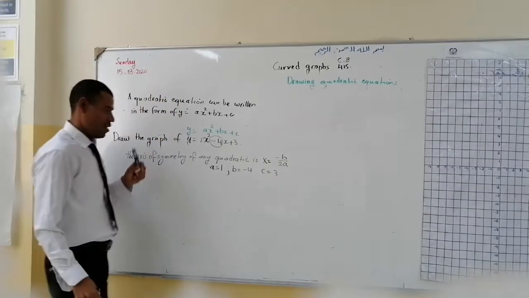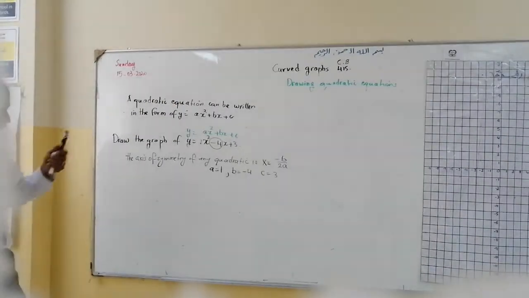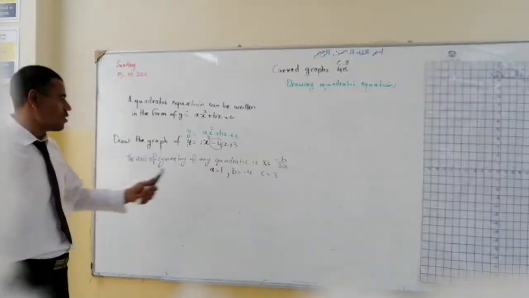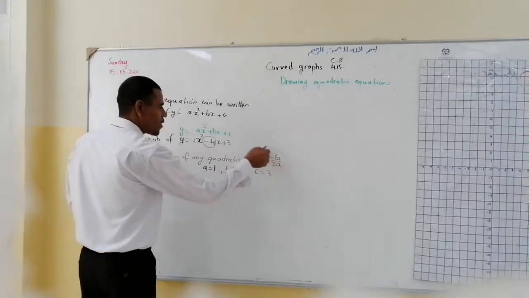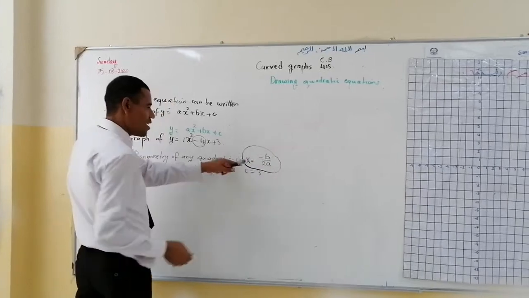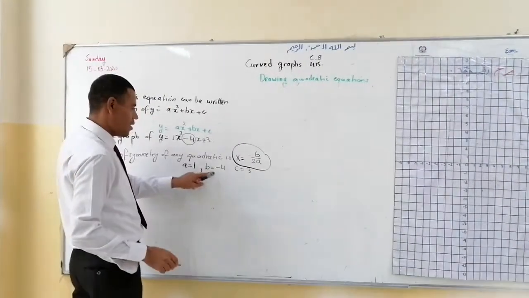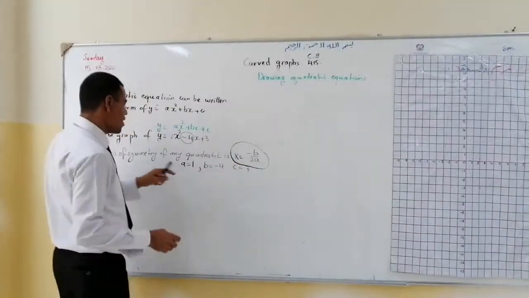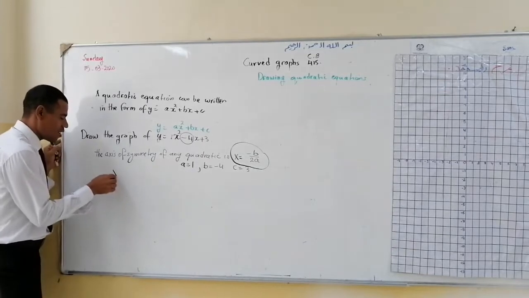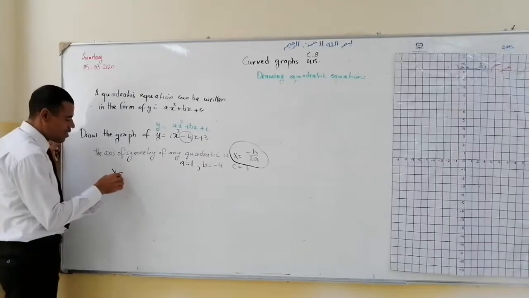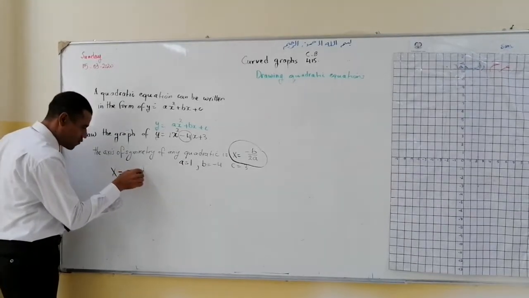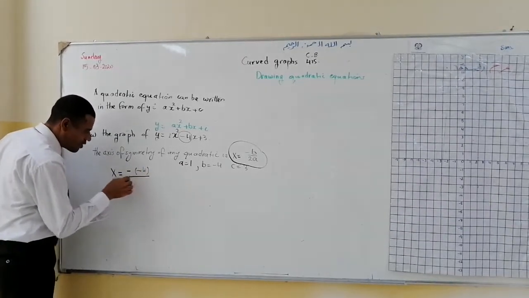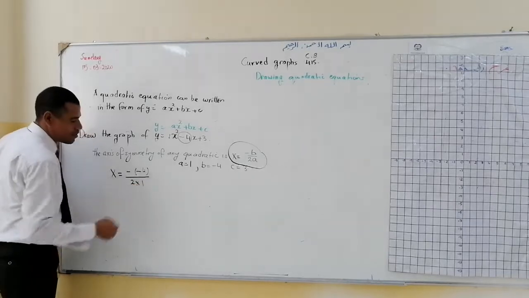Okay, now we were equating these two quadratic equations to find a, b, and c. But look here, this is the axis of symmetry. I will just substitute b with negative 4 and a with 1. So the axis of symmetry is negative, what is b? Negative 4, all divided by 2 times 1.